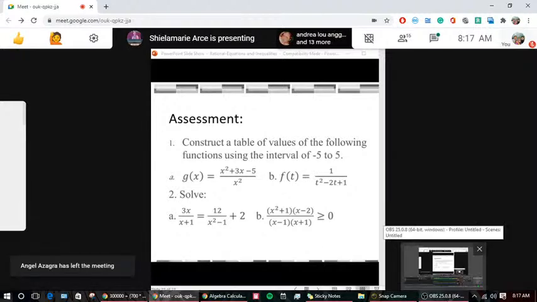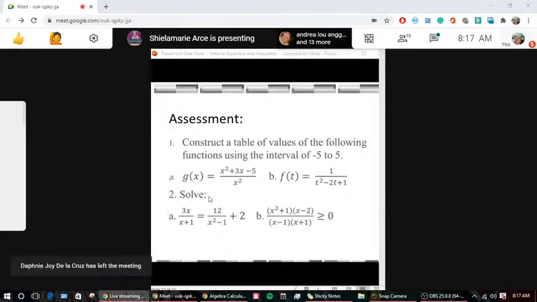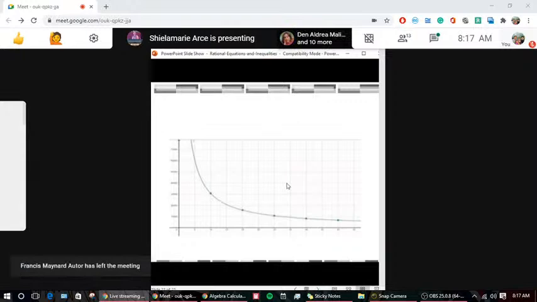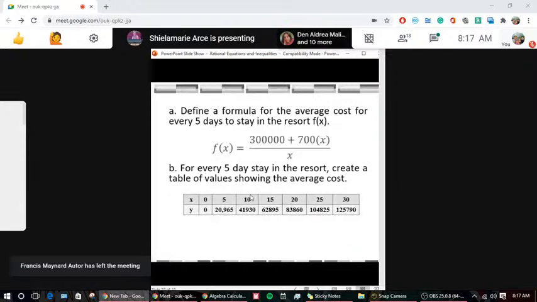Ma'am, ano nga po ulit hahanapin? Dito anak sa number 1, sa A at sa B, yung table of values, itong graph lang at saka itong table of values lang. Itong table of values, pipili ka from -5 to 5.